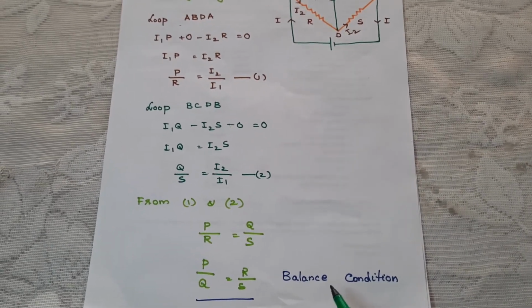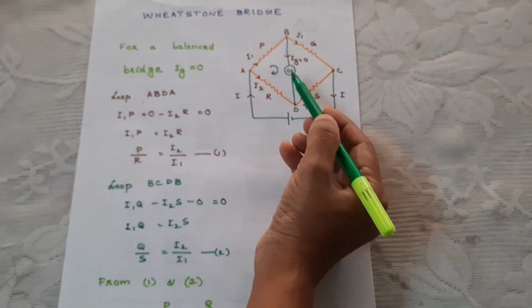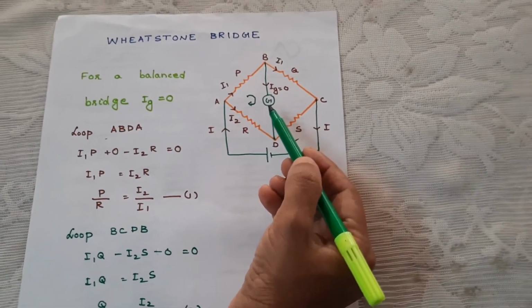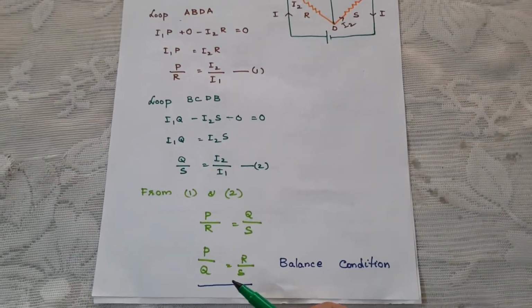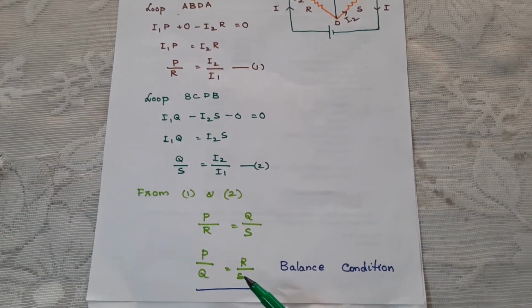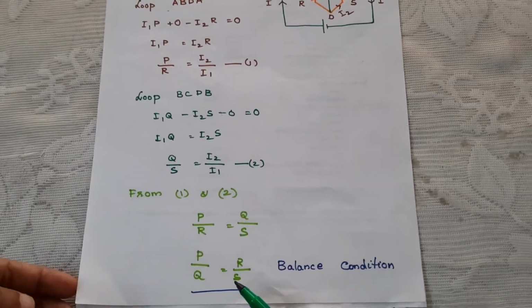This is the condition for the galvanometer to show null deflection. So this principle is used to determine an unknown resistance. A device based on this principle is meter bridge.